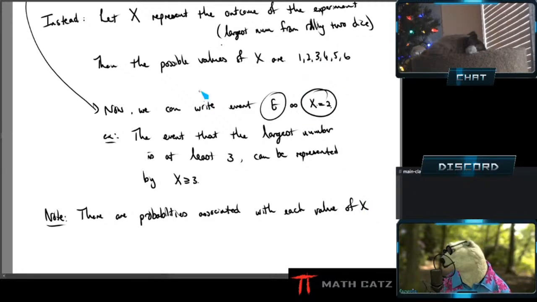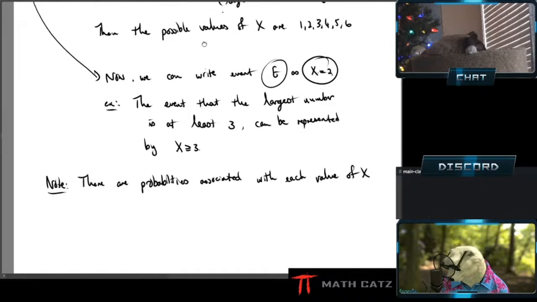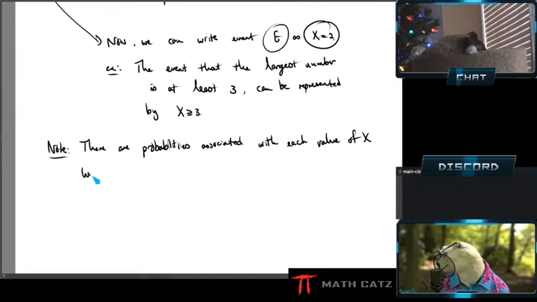We saw one of them. This one is going to be the probability that x equals 2. And for each value of x, I'm considering each outcome, and there's a probability associated with each of those. So we call x a random variable.